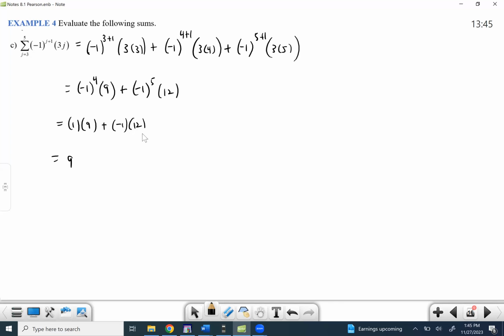And when I multiply that by 12, I'll get a -12. And then on the last one, -1 to the 6th times 15. So negative 1 to the 6th will become positive 1. And 1 times 15 is 15. 24 take away 12. This should be 12 for the final sum.